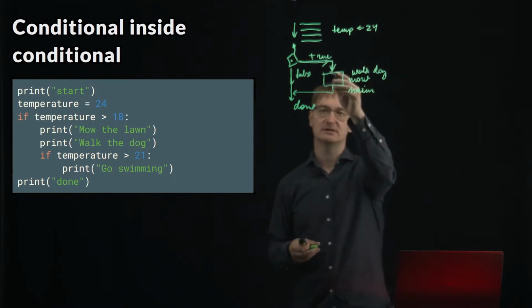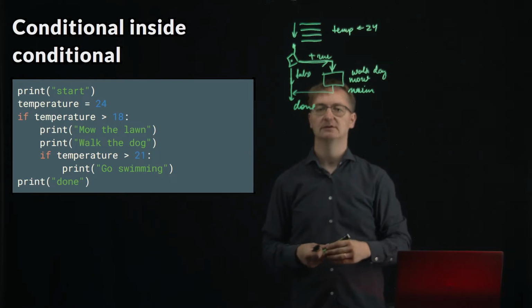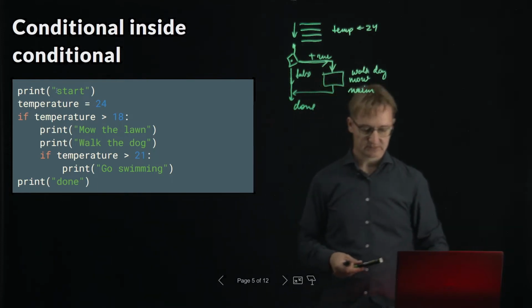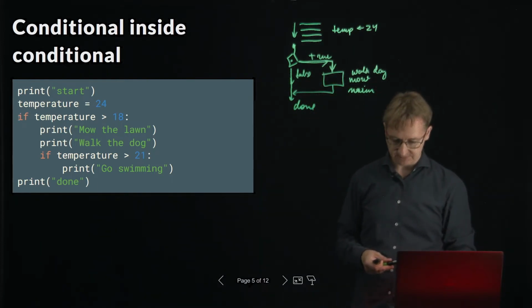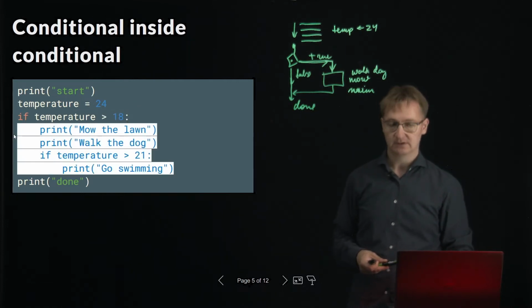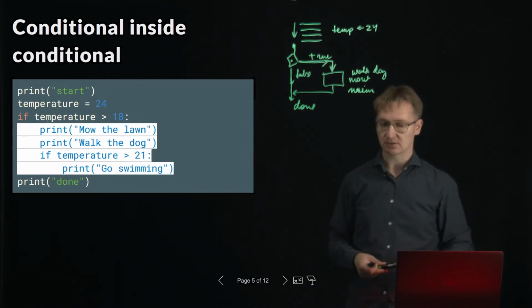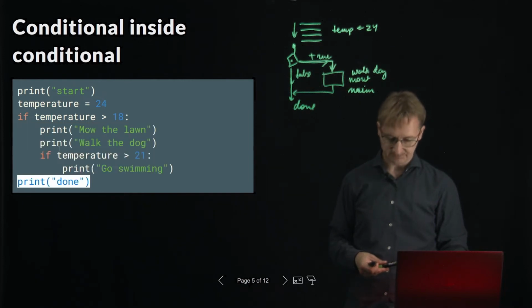So inside this code we can also have an if statement. Basically it works the same. First we check this statement. If it's true, then we start executing this code. If it's not true, if the temperature is 18 or lower, then we just skip all this part and go directly here.